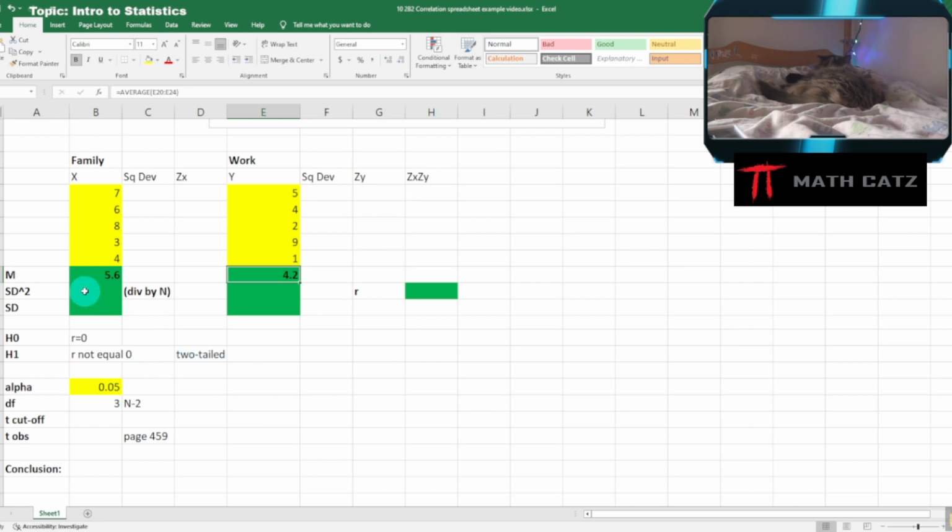Now we want to calculate the square deviations on the way to the variance. So I'm going to start with an equal sign because I want to do a calculation. I want to do the deviation, so the x value minus the mean, close my bracket, to the power of 2. Press enter.